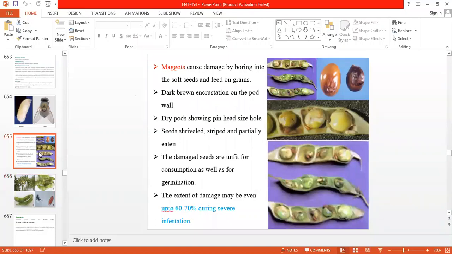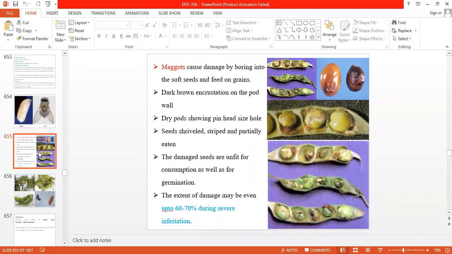Nature of damage: the damaging stage of that pest is the maggot. After hatching from the eggs, it enters into the seeds. At first, the damage resembles a leaf miner, as the galleries run just under the epidermis of a seed.